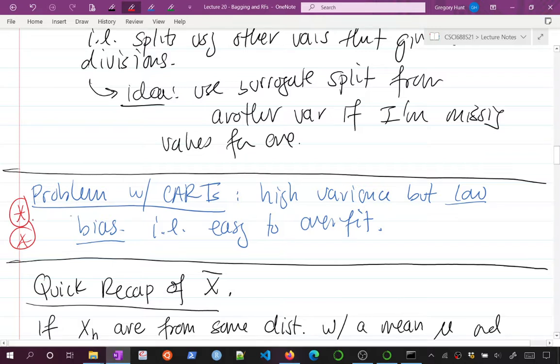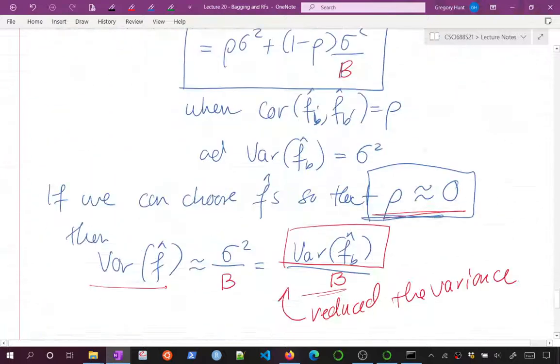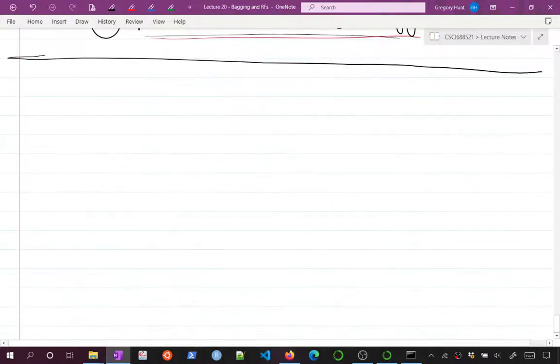They're really low bias because you can fit really complicated, really overfit complicated structures, relationships, but they tend to have really high variance. But we don't care about the high variance. We're just going to bag them together. We're going to average them together and get a better method.